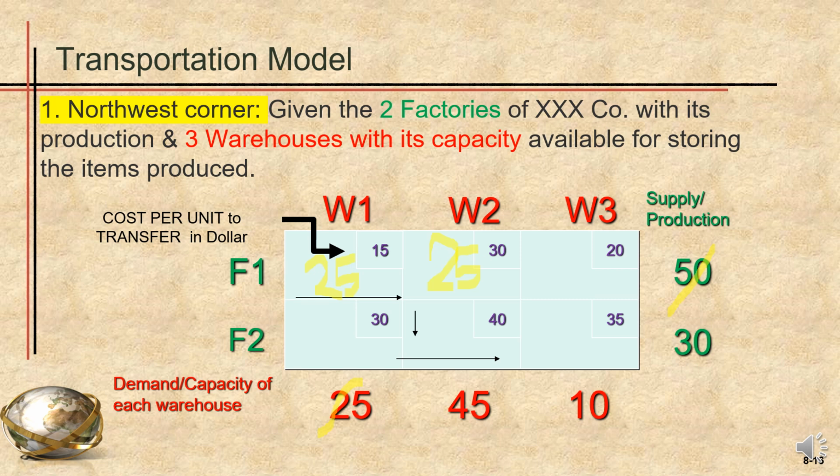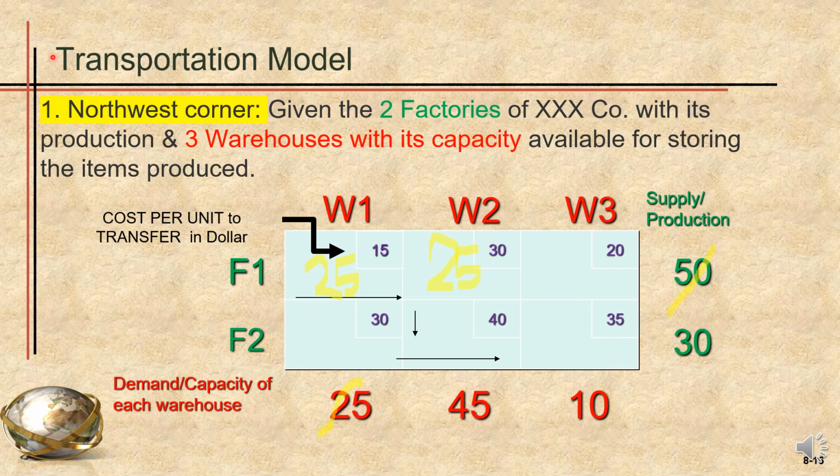Then looking at warehouse 3, this portion is cell number 3. It is still empty, and in cell 3 we can't put any unit because factory 1 is already fully satisfied.